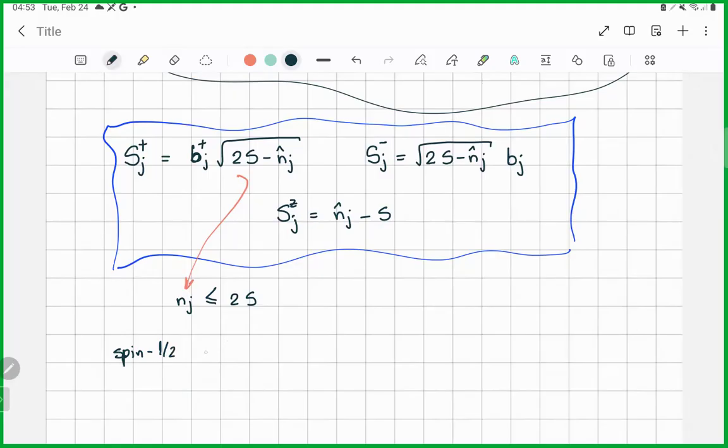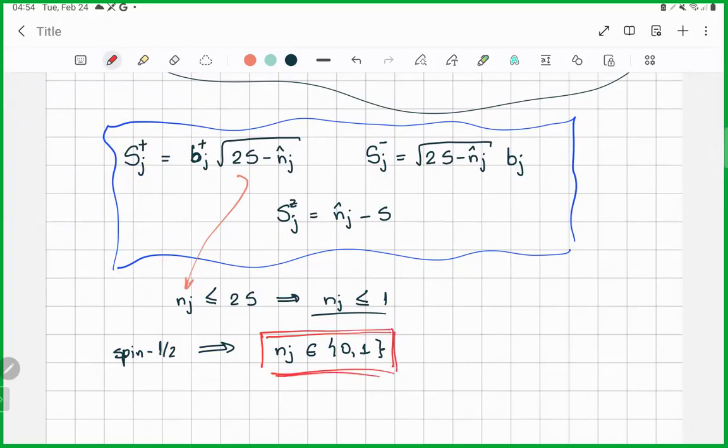And you see that we now have the constraint that this bosonic occupation is 0 or 1. This relationship tells us that the occupation has to be smaller or equal to 1. So we are now in this scenario. Okay. So this is a very special kind of boson, and we call it hardcore bosons.